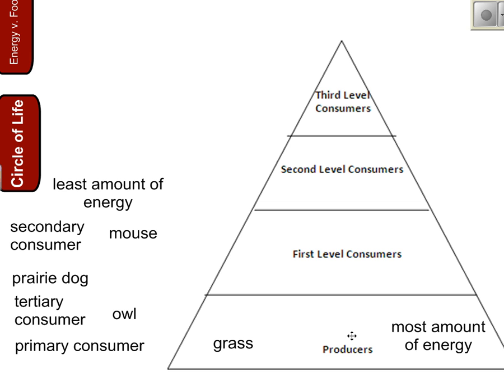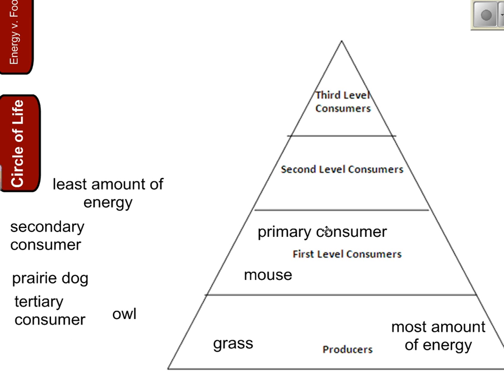Now, when the first level consumers eat your producers, they're passing on 10% of their energy. So what would be a first level consumer? Well, it might be a mouse. And a first level consumer would be called a primary consumer.